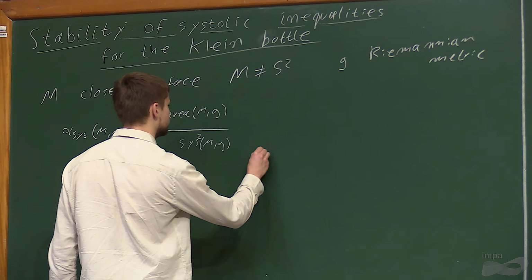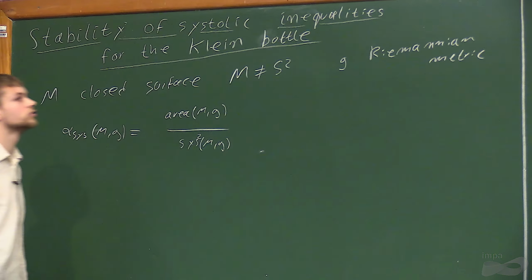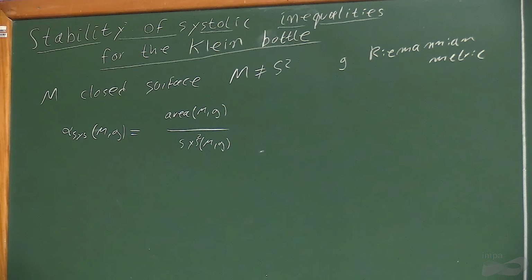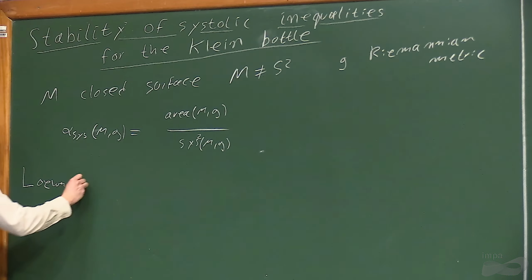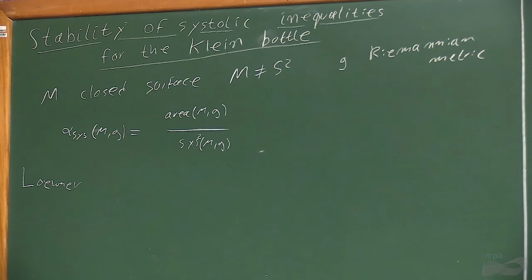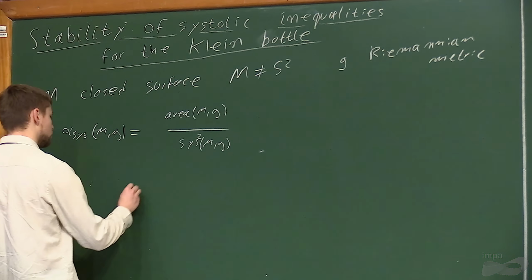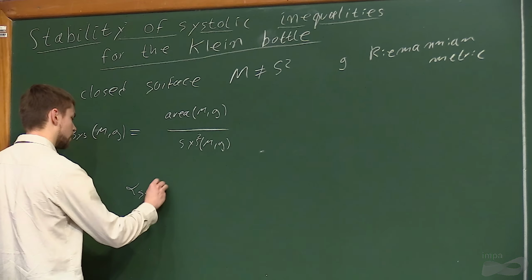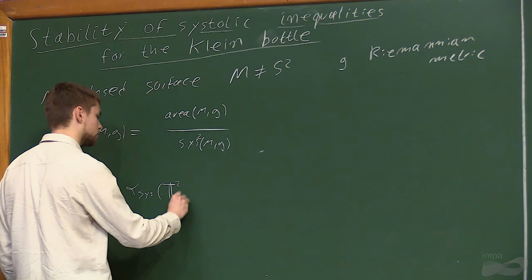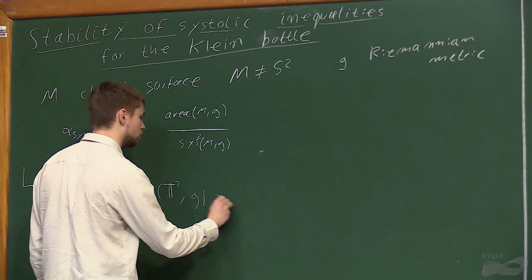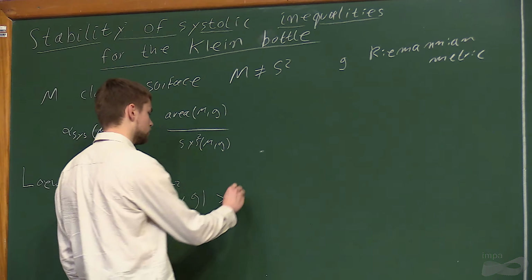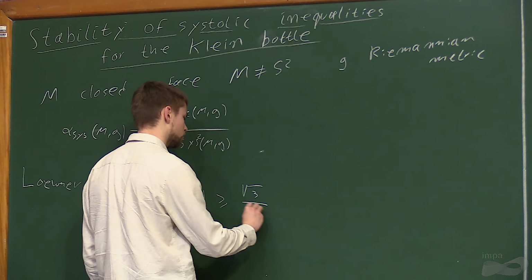And where this notion was basically studied quite some time ago already. So I believe in the late 40s, Löwner made the first discovery basically in the field of systolic geometry, where he showed that on the two torus, the systolic area for any metric is always greater than or equal to the square root of 3 over 2.